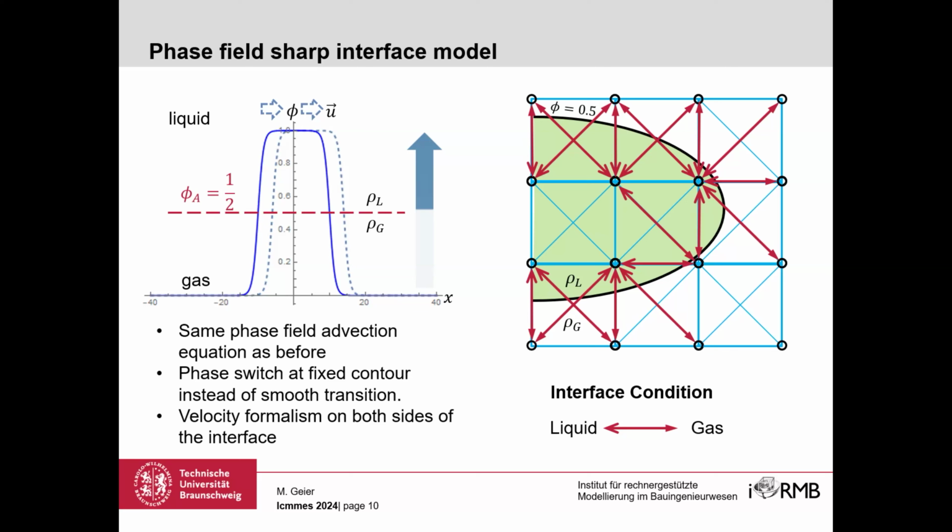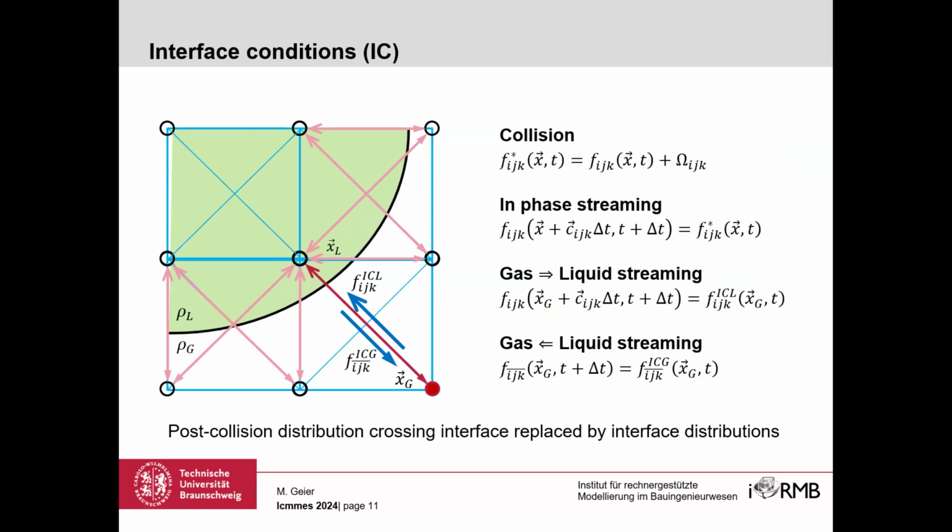We want to keep everything outside as our nice cumulant equation, so we want to keep this as it is and have the two-phase problem only as a sort of boundary condition problem. Of course, this means we have to set boundaries wherever we cross the interface. So basically, this is the lattice-Boltzmann method.